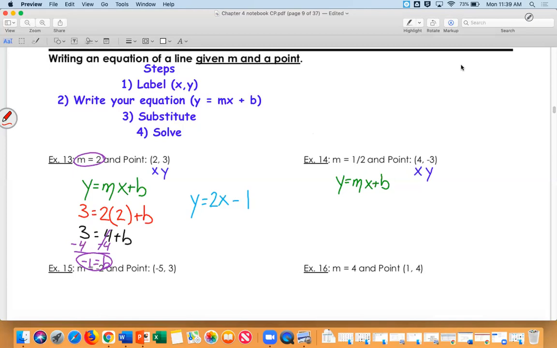It's written in blue. What is it? Substitute. So we're going to substitute in.